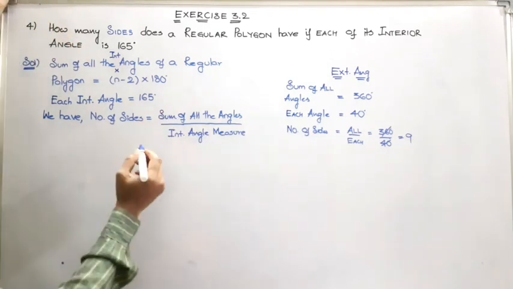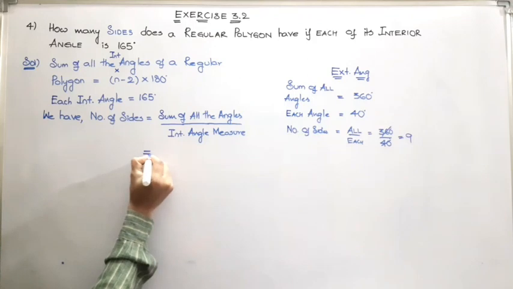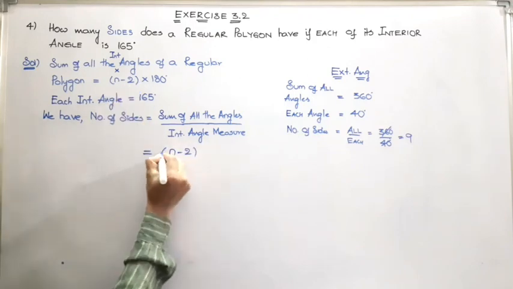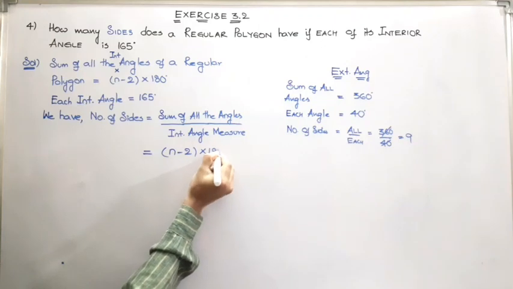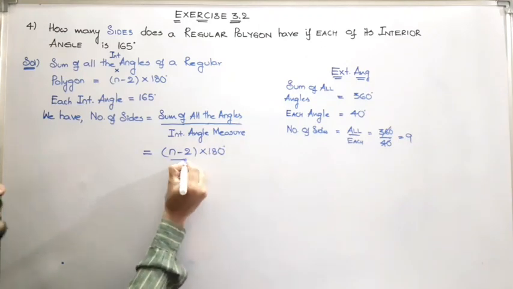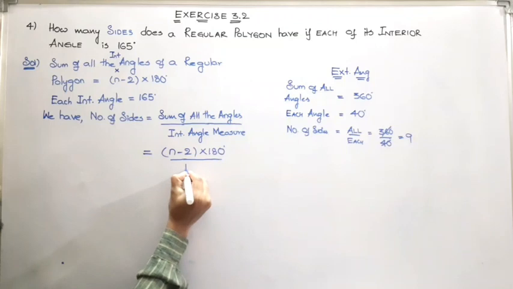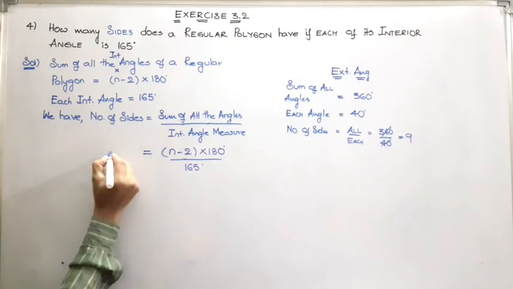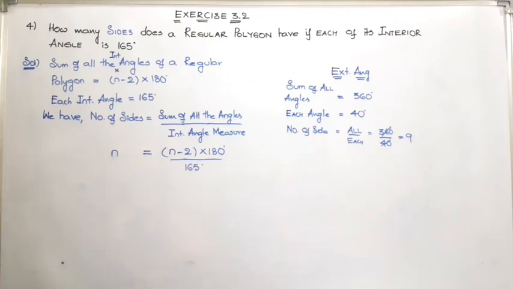So now look, what is the sum of all the angles here? (n minus 2) into 180 degrees. What is each angle measure? We have it as 165 degrees. And what is the number of sides? n, which we already took.